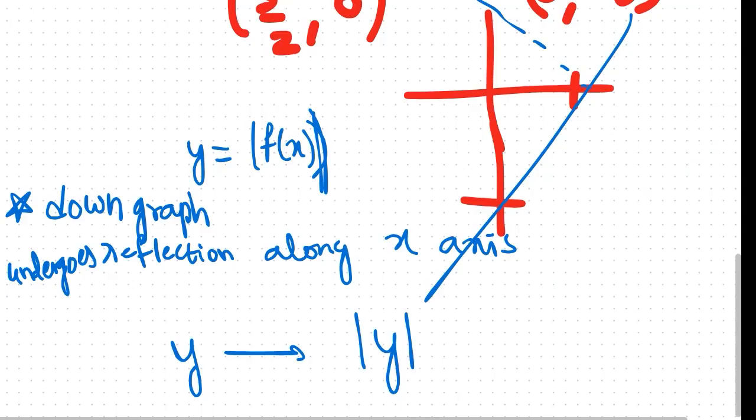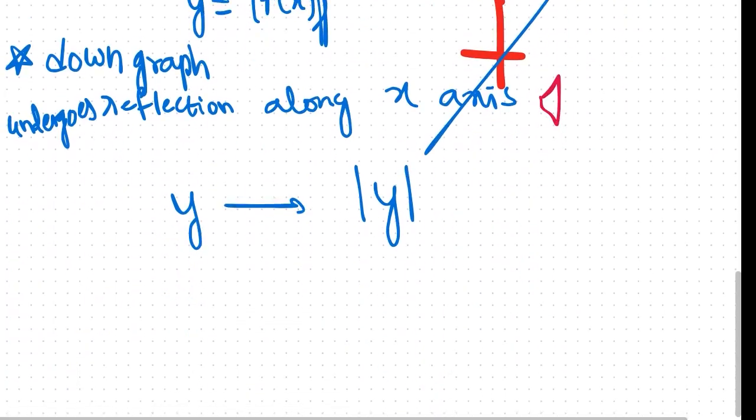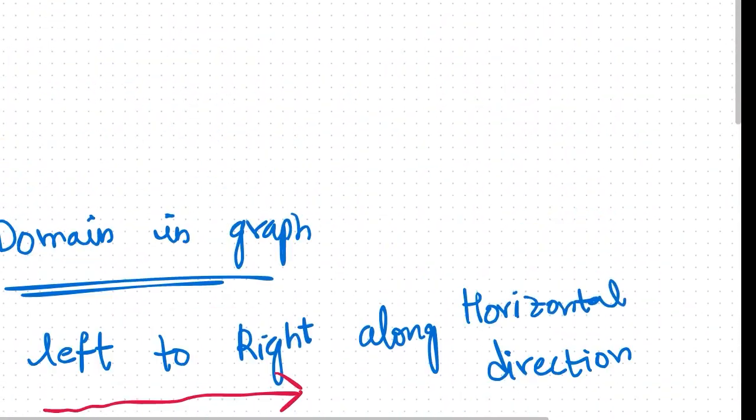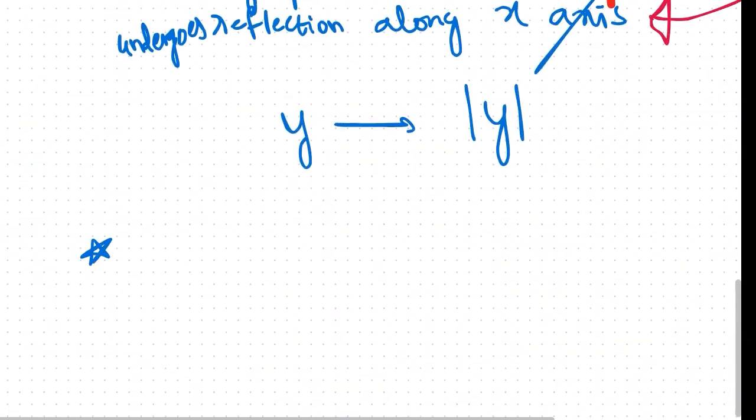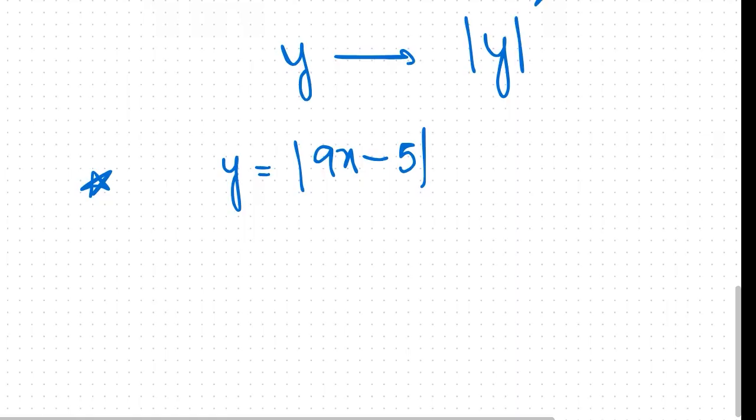Okay, let's talk about absolute value functions a bit more. Let's consider an example: y is equal to the absolute value of 9x minus 5. The way to draw this graph is to draw it as if the absolute value is not there.